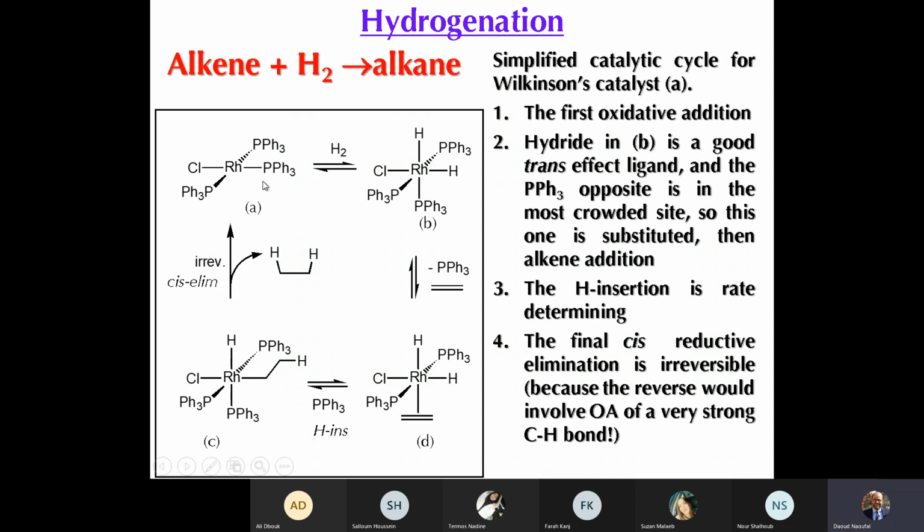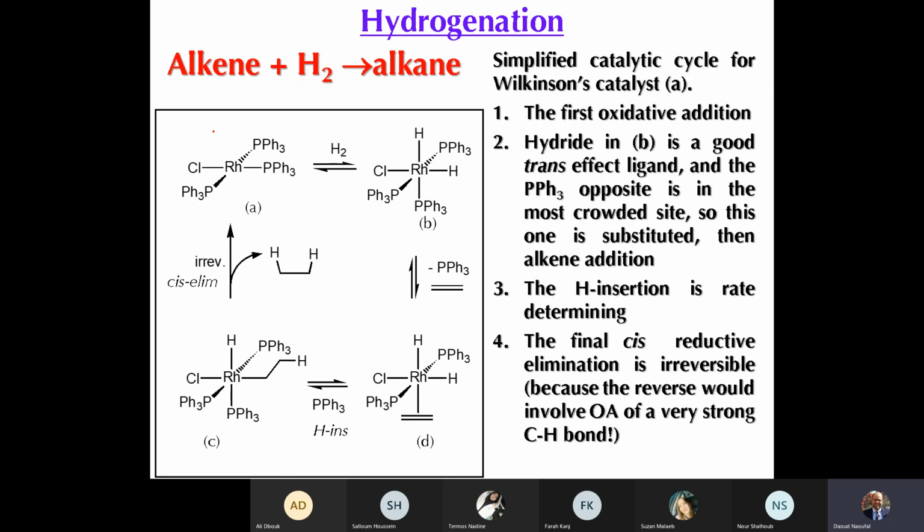We have to start by the catalyst. Usually we start by the catalyst. And when we write the catalytic cycle, to note that for any intermediate obtained, you should count the electrons in the complex and you should determine the oxidation state of the metallic center.